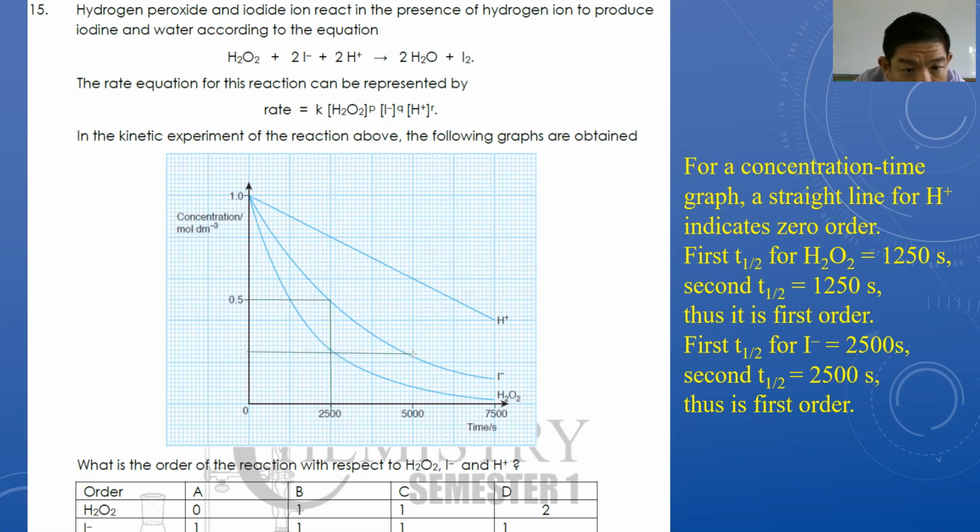So it's 5,000 seconds. So that is why it is first order with respect to I minus.